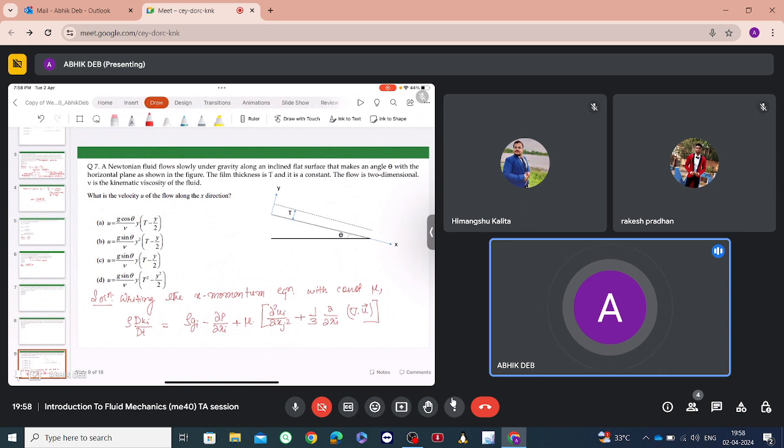Okay, now we assume steady flow, and a steady and incompressible flow we are assuming.